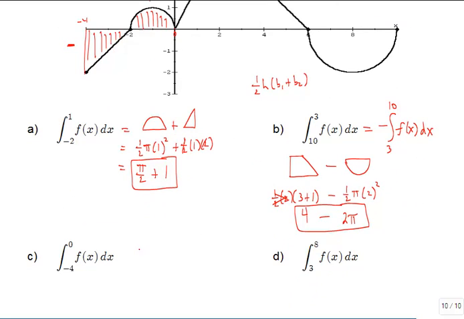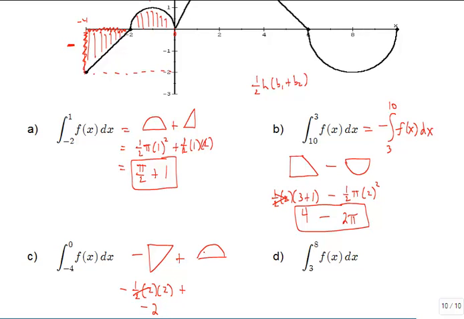So we want our negative triangular area plus our semicircular area. So we want minus 1/2 base times height. My base here is this distance, and that's a distance of 2 units, times my height, which goes down to 2, so that height is 2. So half of 2, those cancel, so this is going to be -2.